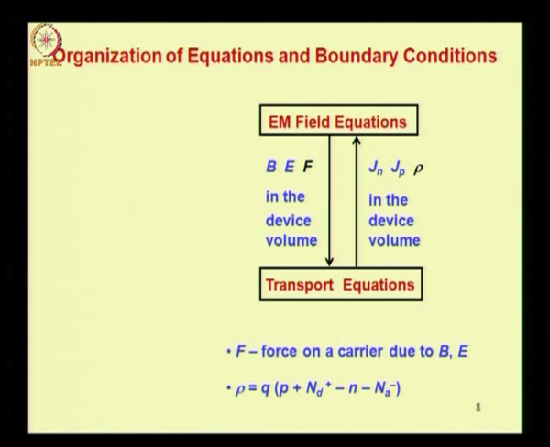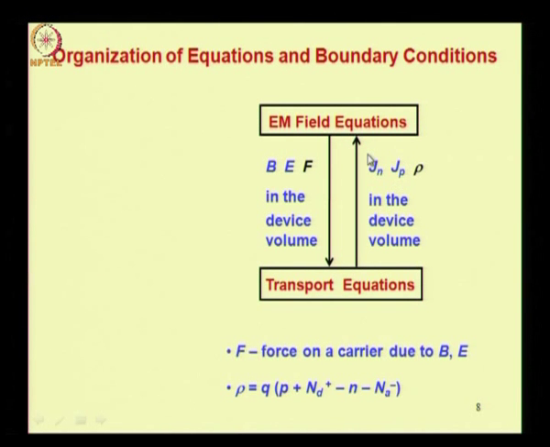Now the transport equations, on the other hand, estimate the current density for electrons and holes, abbreviated here as Jn and Jp.